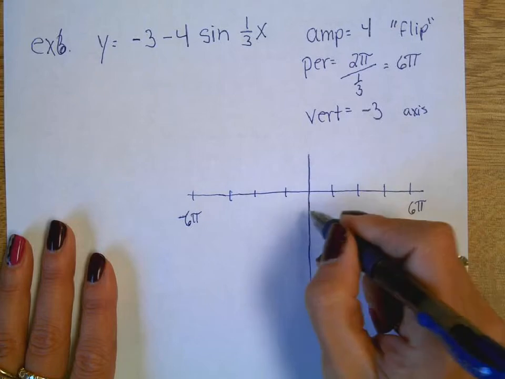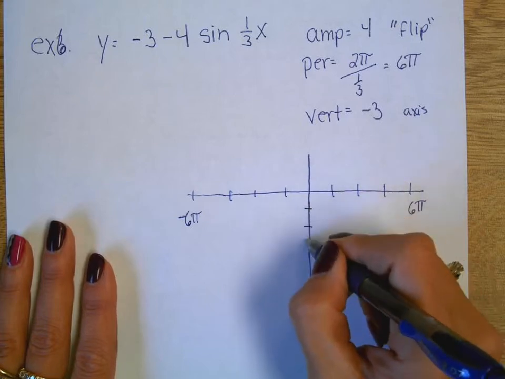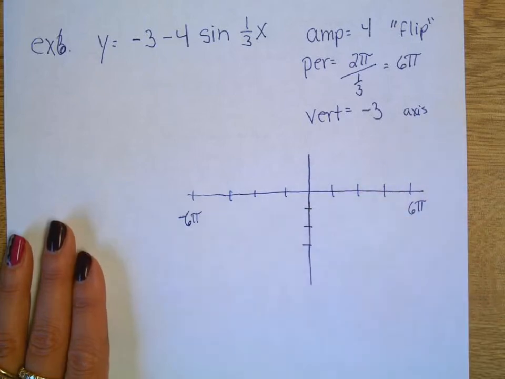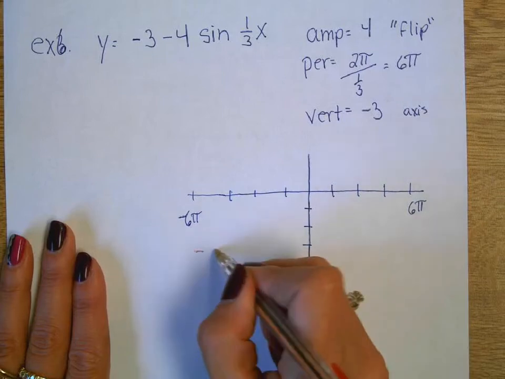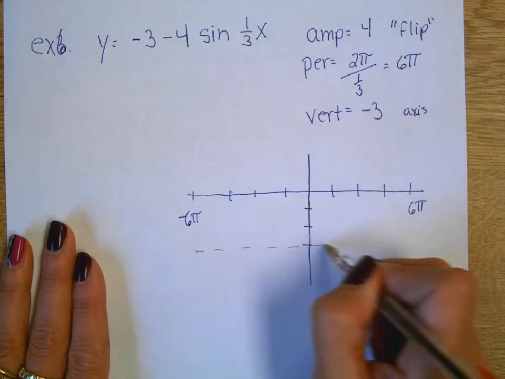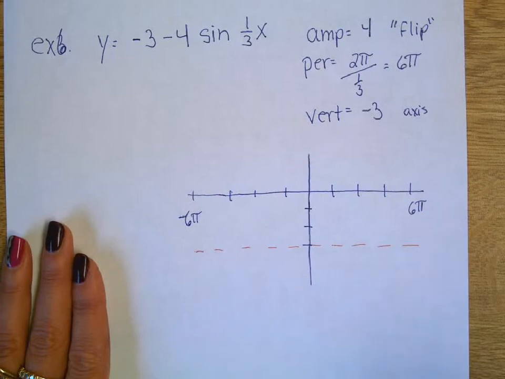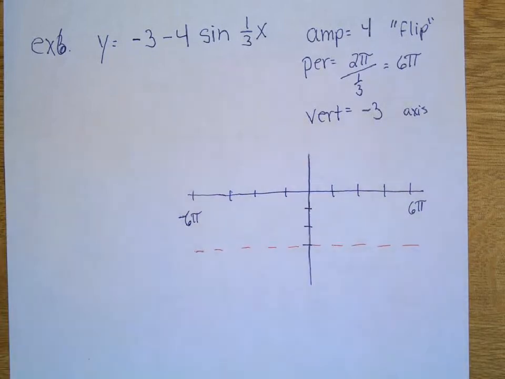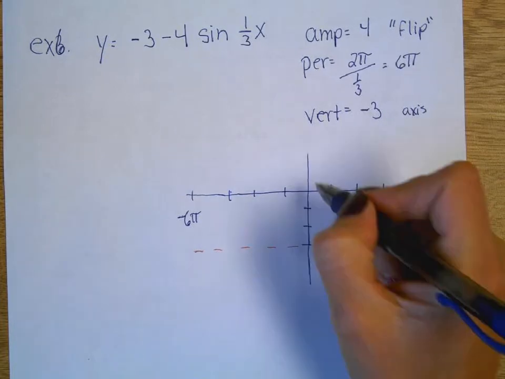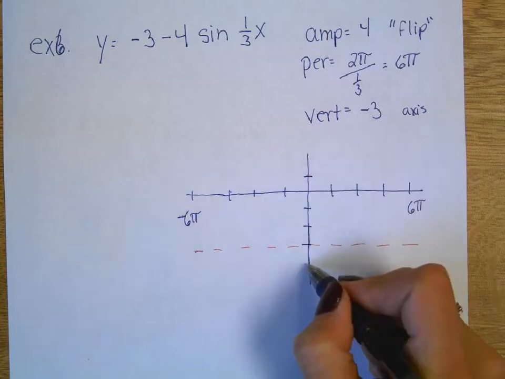I've got an axis down at -3. How far above and below that axis do I need to put tick marks? 4. I need to go 4 above and 4 below because my amplitude's 4. So I need to go up to here, and I still need to go down 4 more.